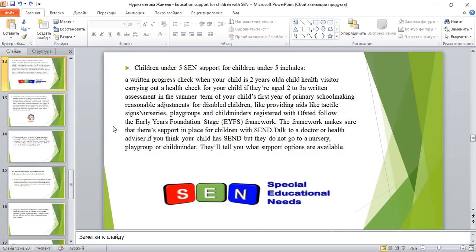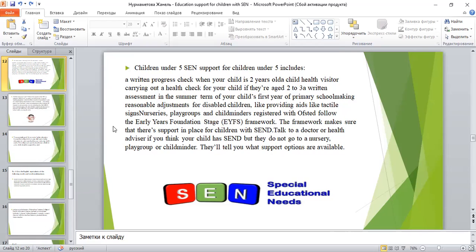Nurseries, playgroups, and childminders registered with Ofsted follow the Early Years Foundation Stage. This is an abbreviation, EYFS, and its framework makes sure that there is support in place for children with special educational needs and disability.